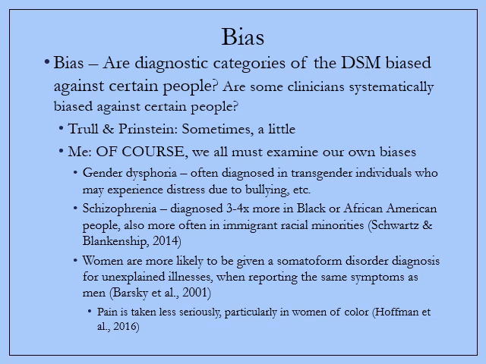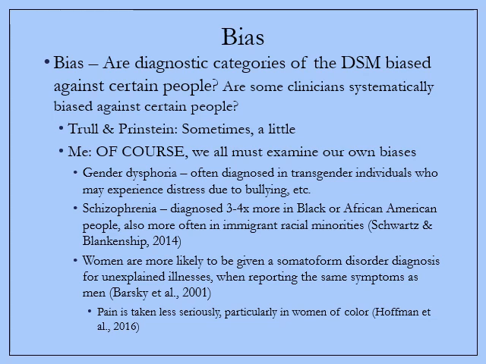Gender dysphoria is often diagnosed in transgender individuals who experience distress not because of their own discomfort with their gender identity, but because people are bullying them. And so there's the question of, are we calling a person disordered when really it's the society that they live in that's disordered?